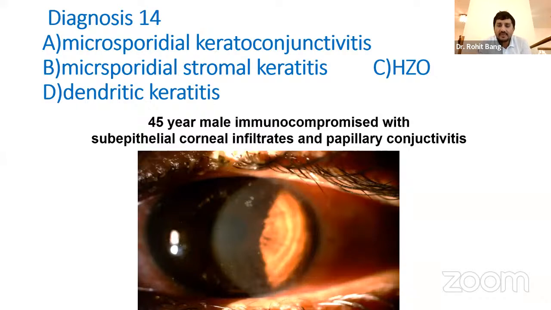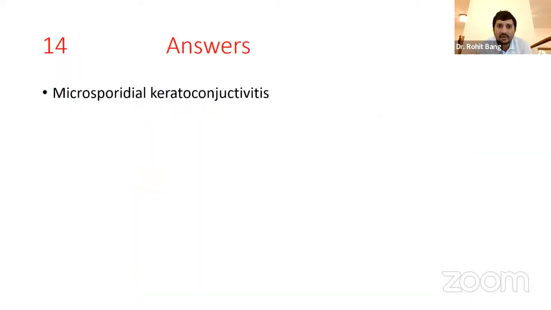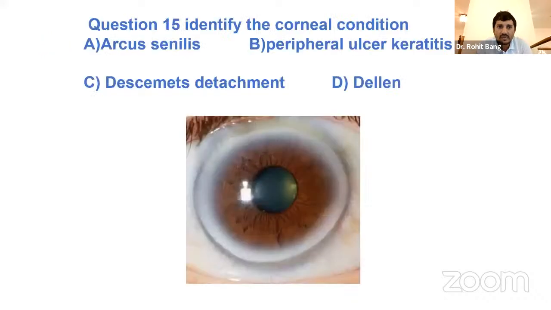Immunocompromised means he might be an HIV positive patient, 45 years old, with subepithelial corneal infiltrates, and once you evert the lids, you see a papillary reaction. Obviously it's not a dendritic keratitis because the question itself says there are subepithelial corneal infiltrates. So dendritic keratitis is ruled out. So the answer would be A, microsporidial keratoconjunctivitis.